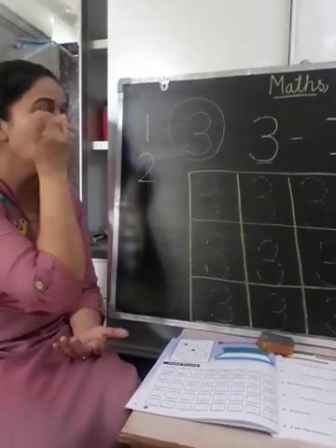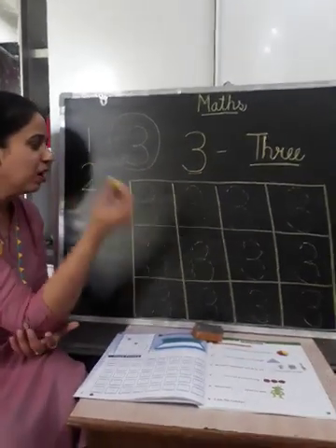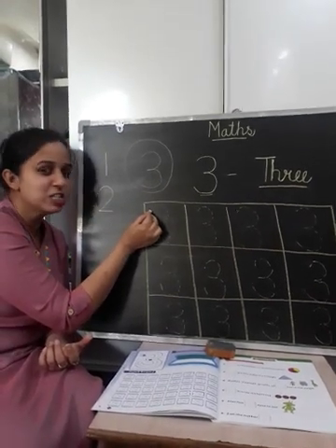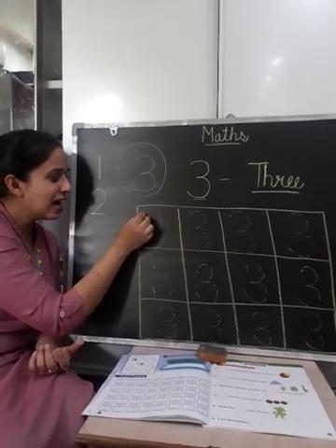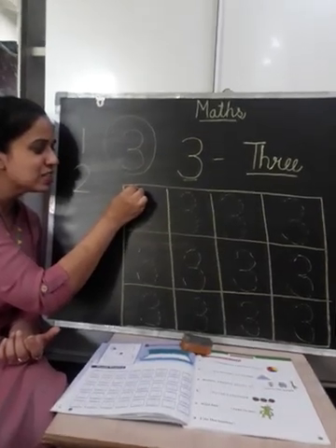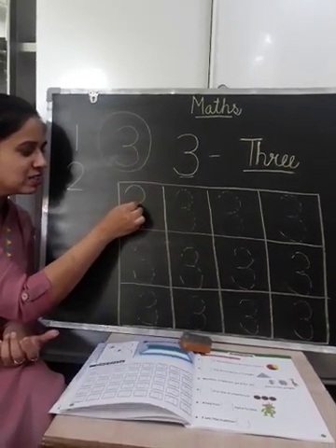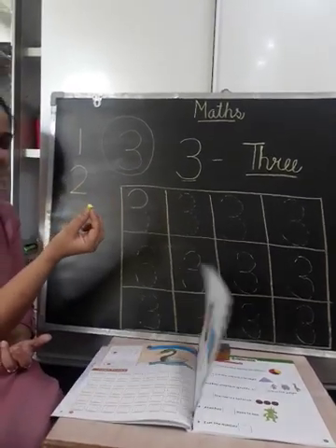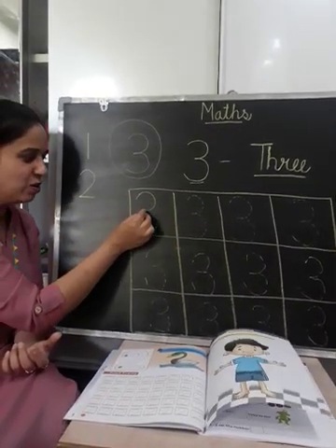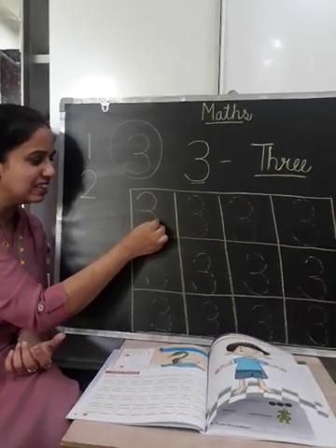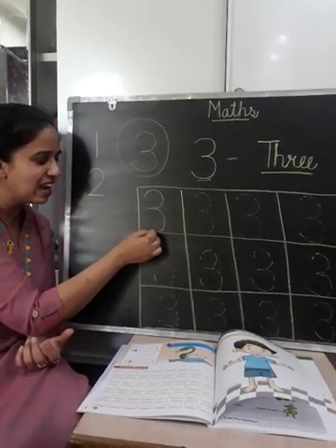Right? So, hold your pencils. Keep it on the first point like this. And then move it slowly on the dots. This first curve we did nicely. Now, a second curve.